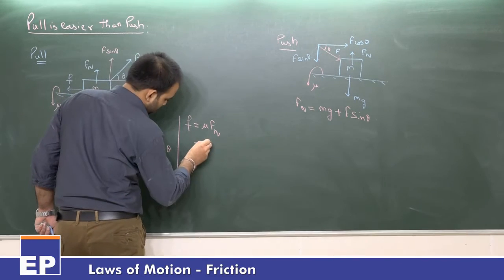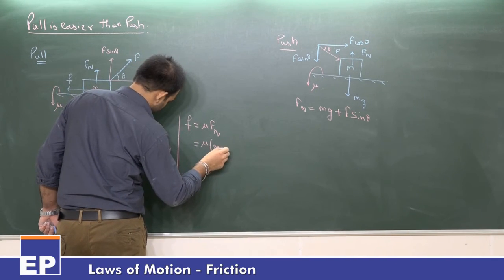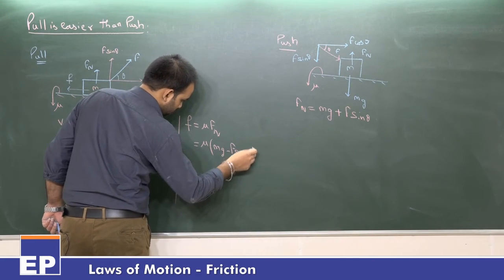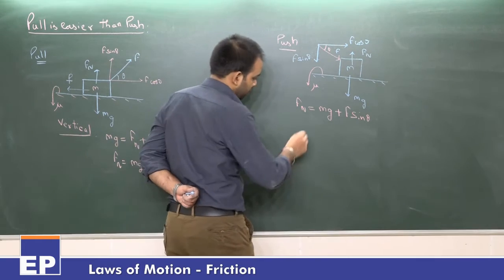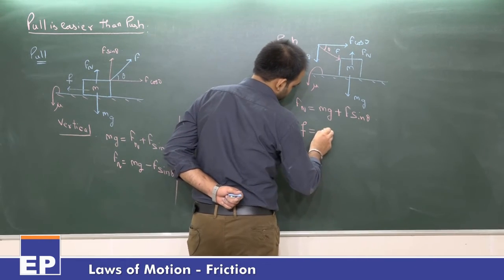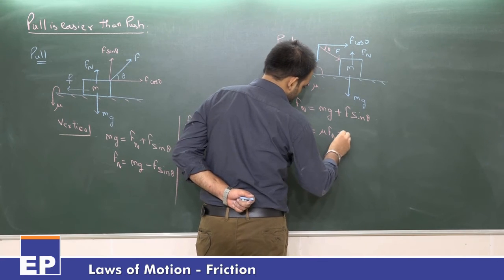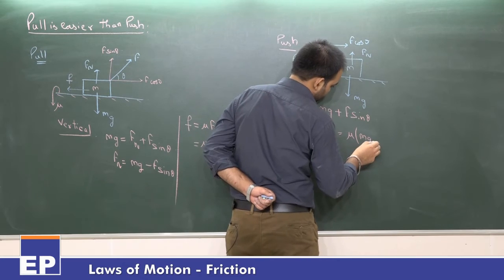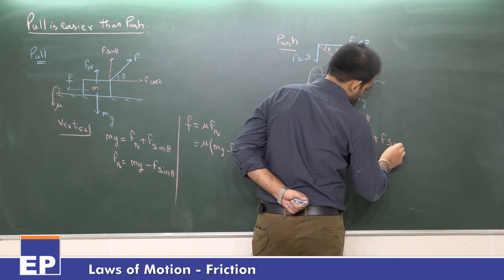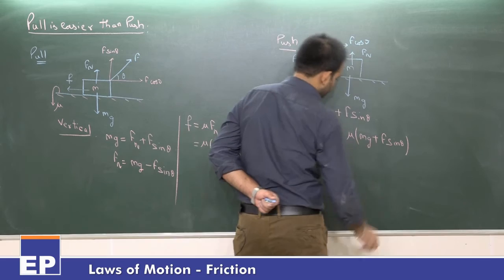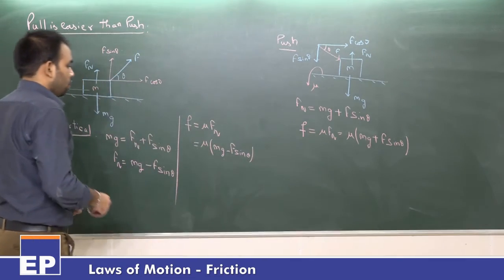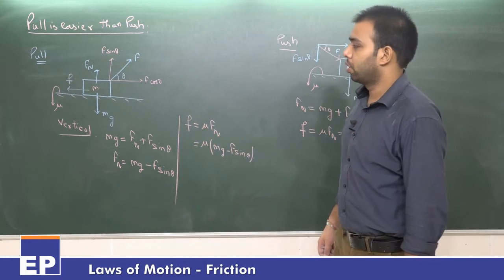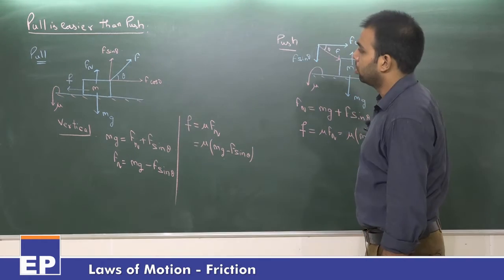So it will become mu into (mg minus F sin theta) in the pull case, and in the push case friction is mu into Fn, where Fn is mg plus F sin theta. Right? So the friction will be more in the case of push, and if the friction is more, then it is more difficult to move it.